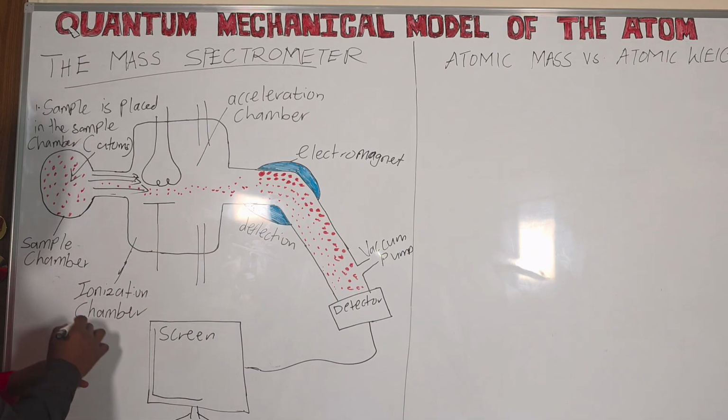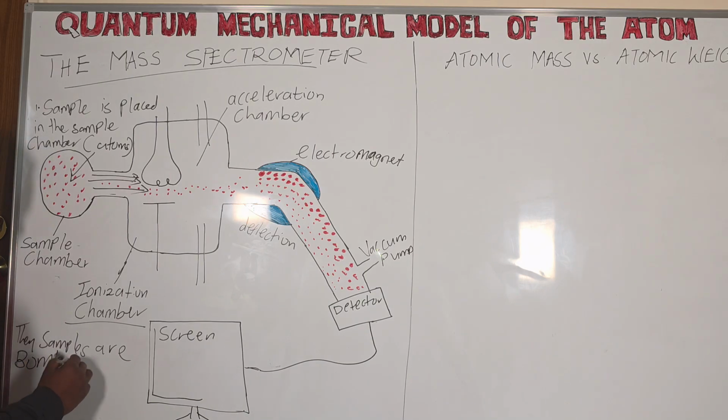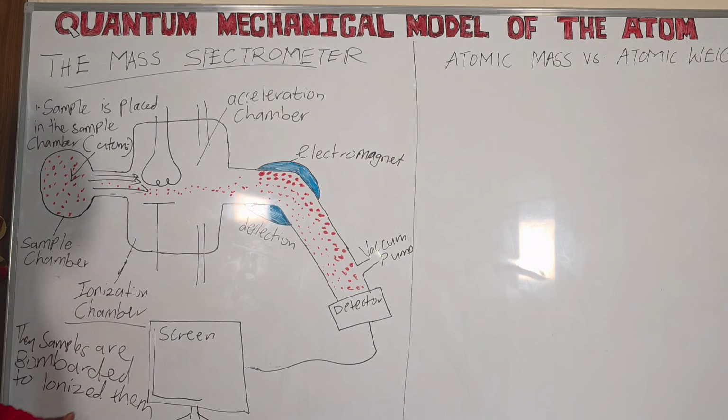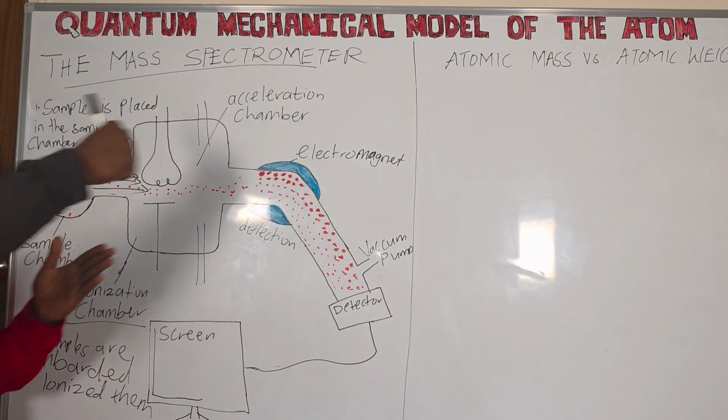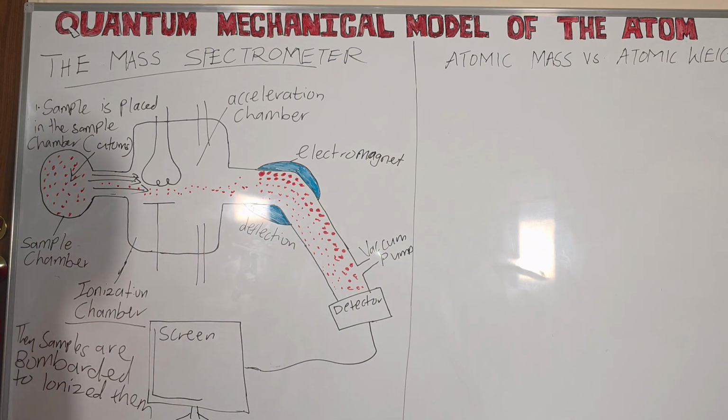What happens in the ionization chamber is that the samples are bombarded to ionize them. And how does that ionize them? When they are bombarded, it kicks off electrons from the sample. And once you kick away electrons from the sample, it becomes an ion. So that is what happens in the ionization chamber.